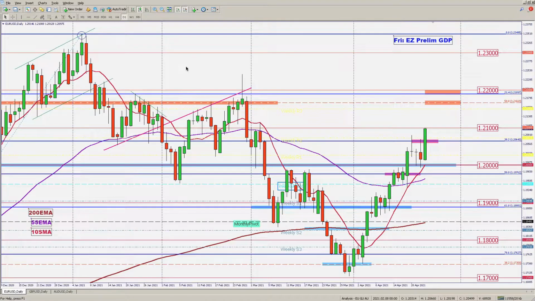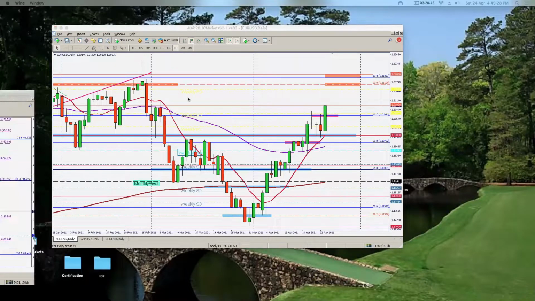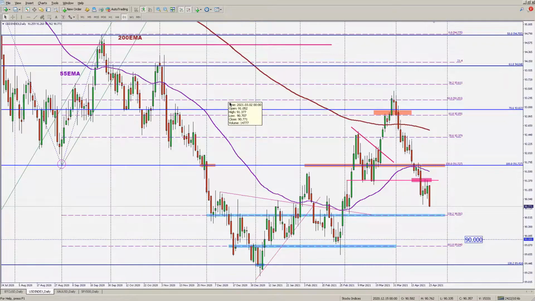All right, let's take a look at the DXY US dollar index to see how it mirrors the move of the euro. It was actually triggered from the US dollar index falling on Monday, falling below this interim support level, and then pulling back, just like the opposite of the rising three methods is the falling three methods here.